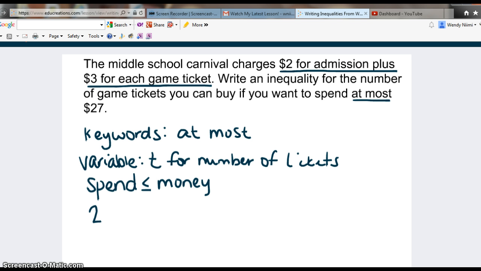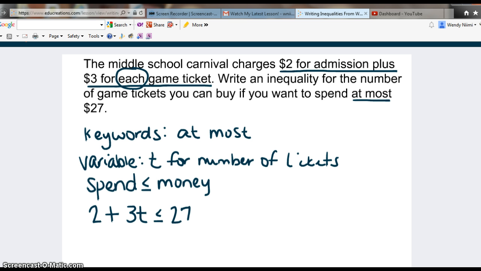We're going to have to spend the $2 to get in. Even if we don't spend any money on games, we're paying $2. Then we have our word plus, and then we have $3 for each game ticket. So each game we play, we have to pay $3. So we're going to have 3t. Each means times, so 3 times t. That all needs to be less than or equal to the money we have, which is $27.